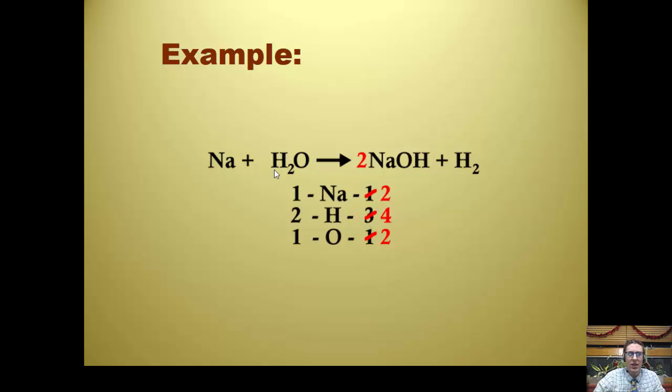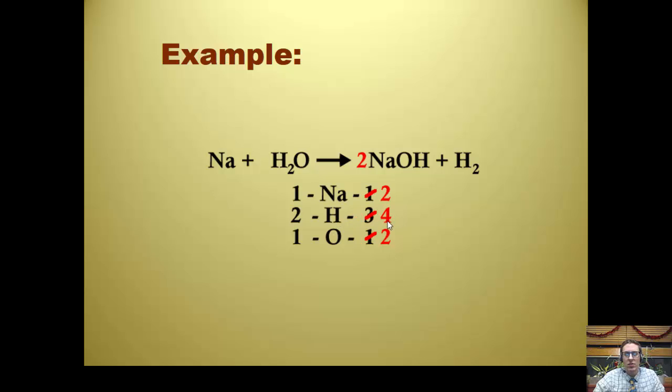A good trick is that if you see an even number on one side and an odd number on the other side, do whatever it takes to make that odd number even. So we had 1 here. We want to double this so we can get 2 oxygens and 2 hydrogens.